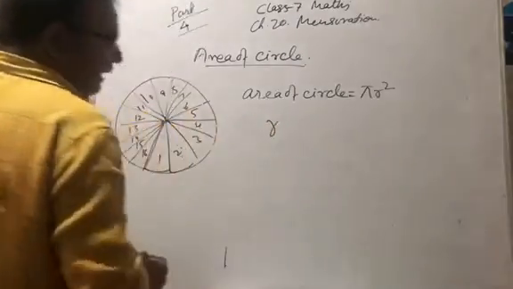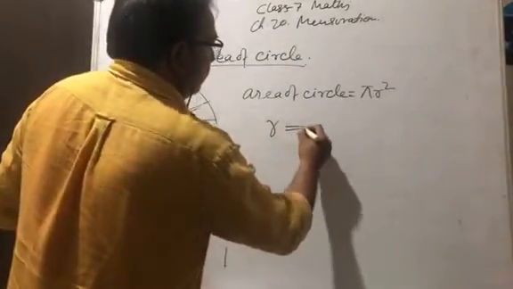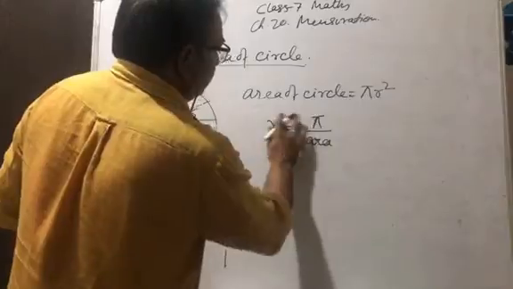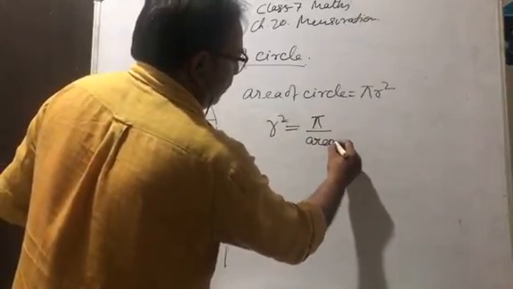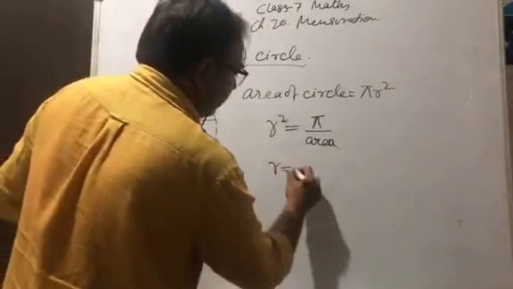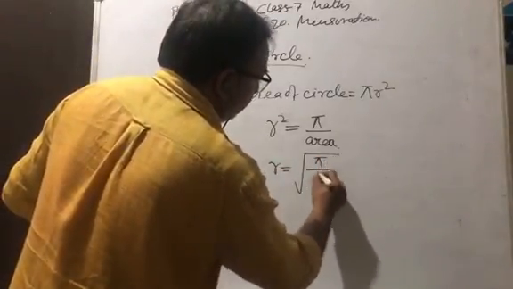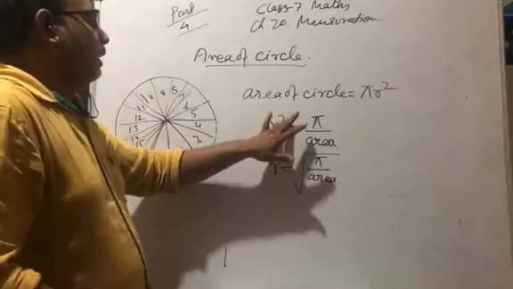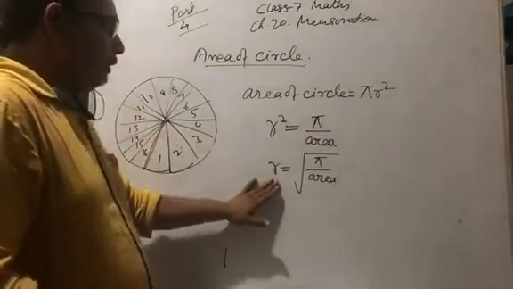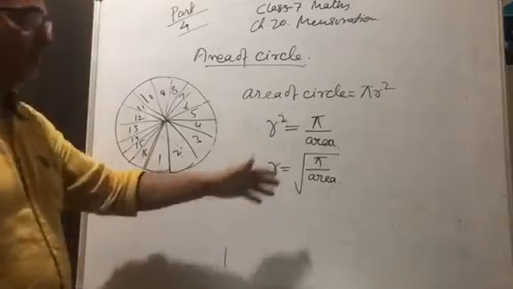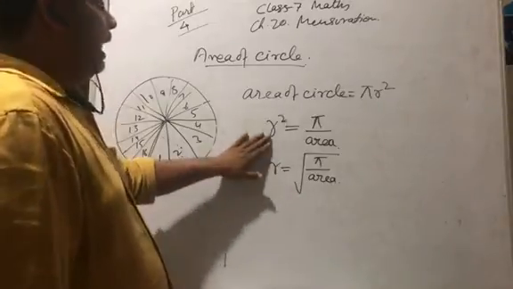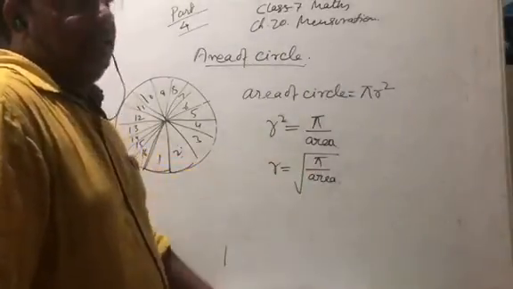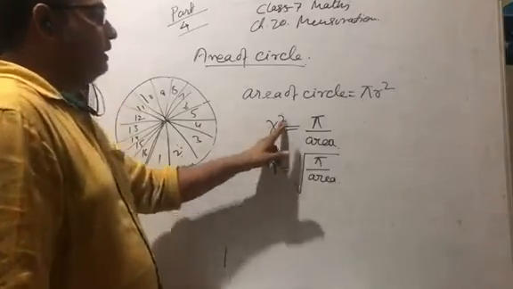If we have to find the radius, then r square is equal to area upon pi, then r is equal to under root of area upon pi. If in a question the radius is asked, or if the area is given, then you can use r square equal to area upon pi, then r equals under root of area upon pi, because this is a square.